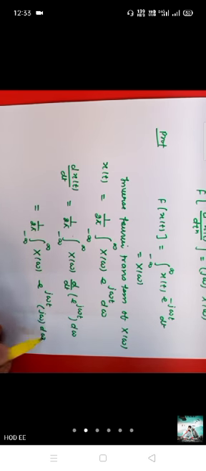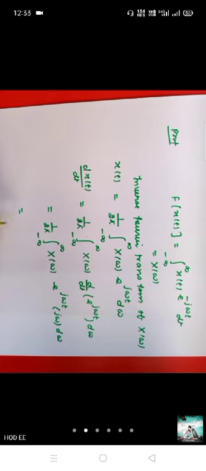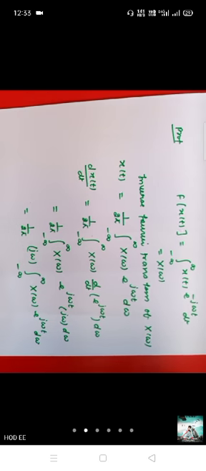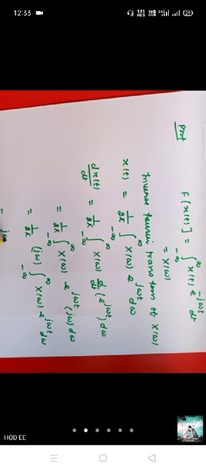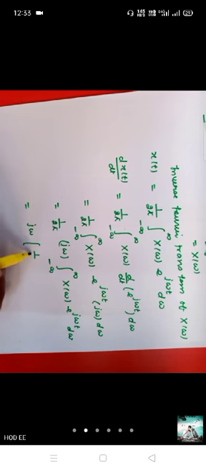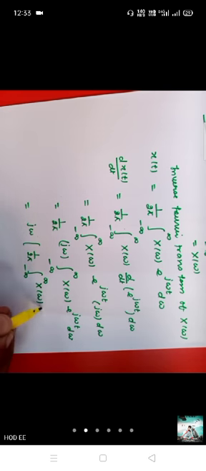Taking j omega outside, it will be j omega times 1 upon 2 pi, the integral from minus infinity to plus infinity of X(omega) e raised to the power j omega t d omega.